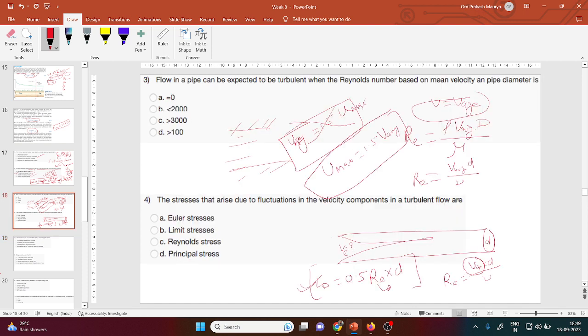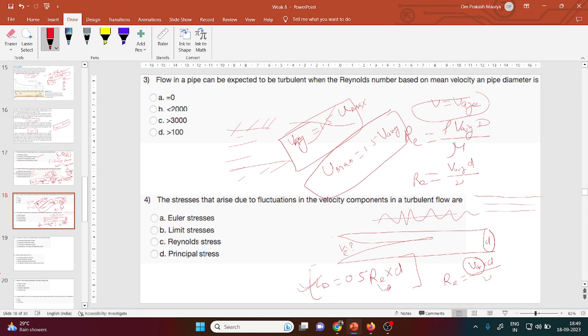So now questions number 5 and 6 are very important. Question number 4 is remaining, so first we need to solve question number 4. The stresses that arise due to fluctuation in the velocity component in turbulent flow are the stresses that arise due to fluctuation in the velocity component in turbulent flow. In laminar flow it is smooth, but in turbulent flow the velocity is fluctuating.